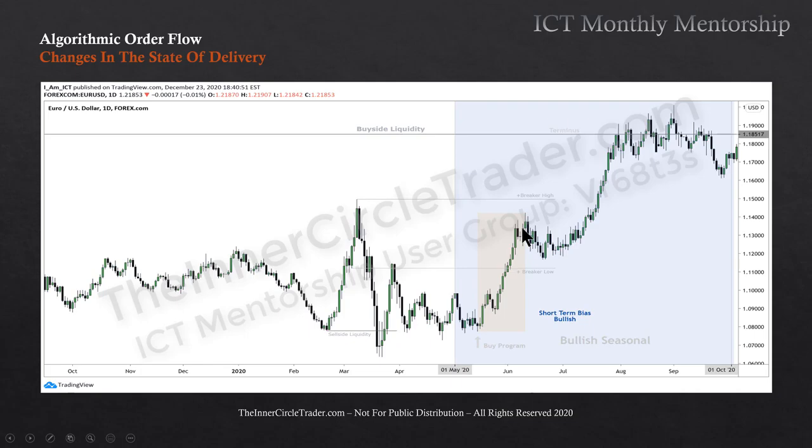While you have a short-term bullish bias, that means every single day you would go in looking for reasons to be a buyer. Now here's the thing. I want you to look at how many times we had down close candles and how many times we had up close candles. And also notice how much downside was offered with down close candles on the daily chart versus the up close candles on the daily candles.